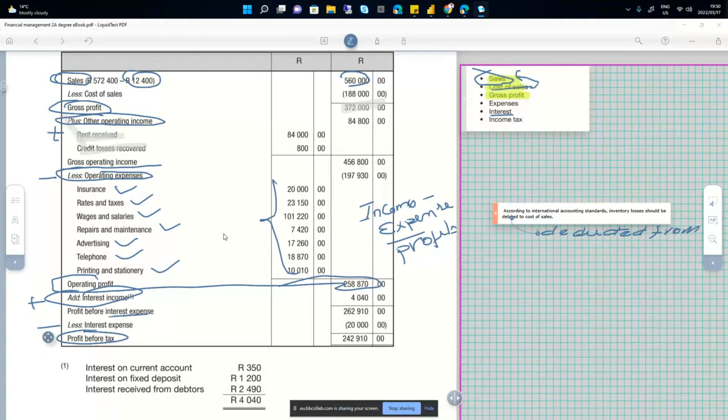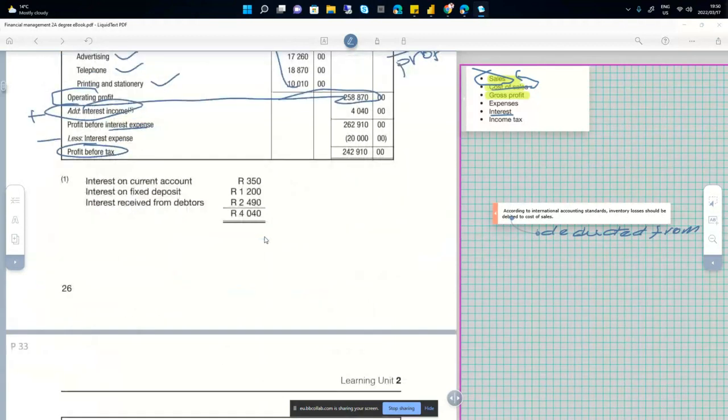That's quite a good place to be. So our profit before tax, obviously, as you know, from what we have before tax, we're going to calculate what tax amounts we need to pay in terms often of percentage. So most of the time, 28%. Once we minus the 28% of this amount, we will obtain our net profit.